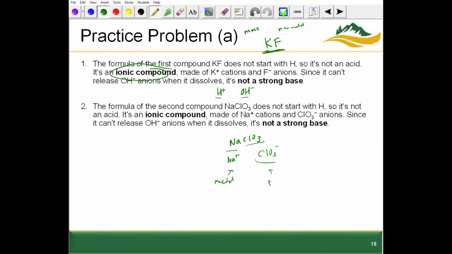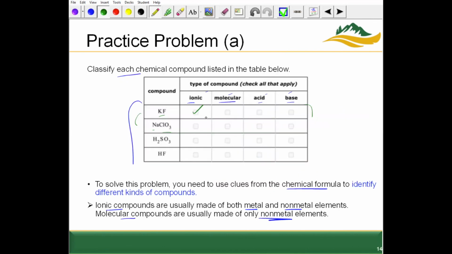Here's our polyatomic ion, where this is all nonmetals. So it is ionic, but does it contain H or OH minus that could dissociate from this molecule? No, right? It just has Na, Cl, and oxygen. So going back here, this is ionic, but again, that's all we would check off here.